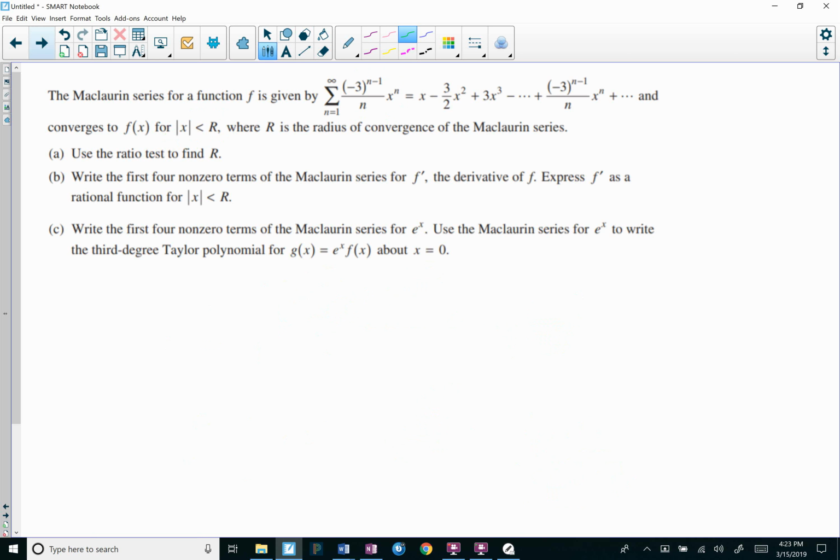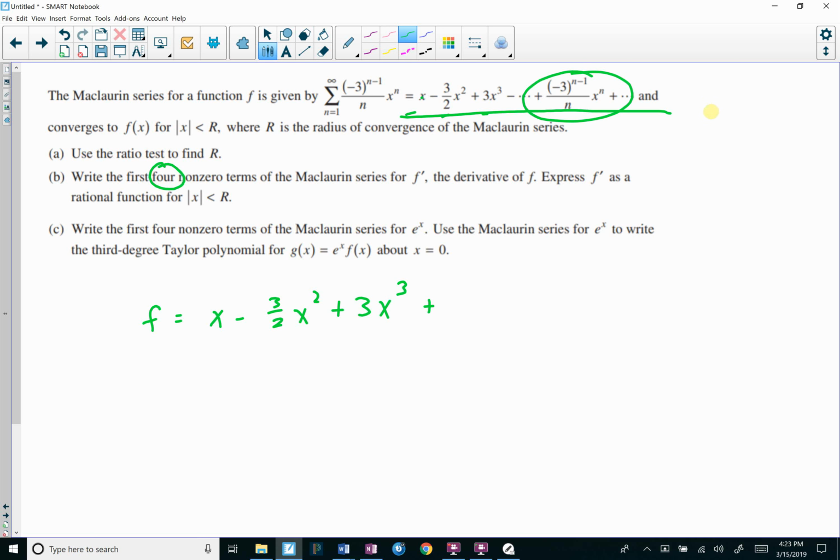Okay, part B. Find the first 4 non-zero terms of the Maclaurin series for f prime. Now remember, this is f, and we have it set up pretty easy because we have 3 terms already, but they asked for 4. So before I begin, I know f is x minus 3/2 x squared plus 3x cubed. I need another term, because when I take the derivative, I need 4 terms. So this is n is 1, n is 2, n is 3. Let's plug in n is 4.